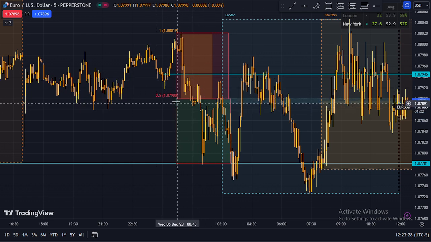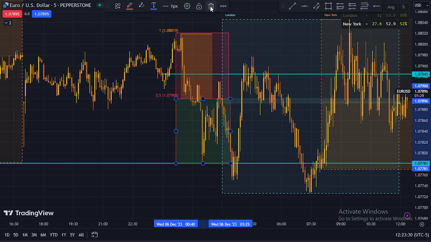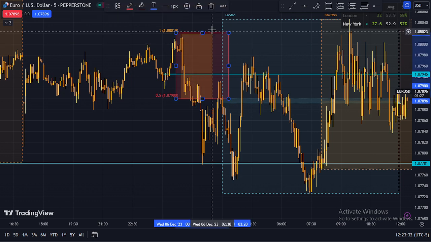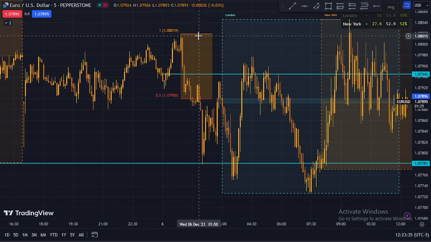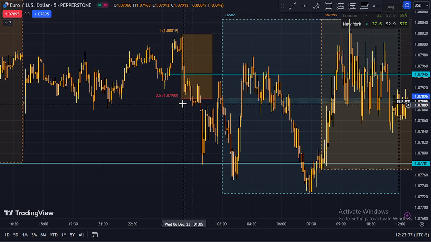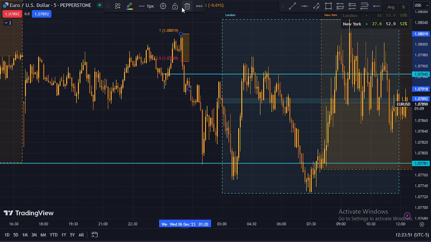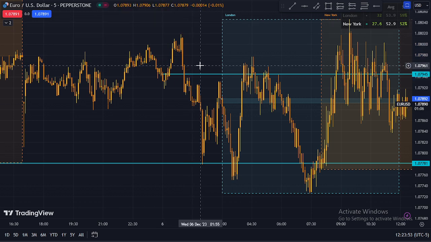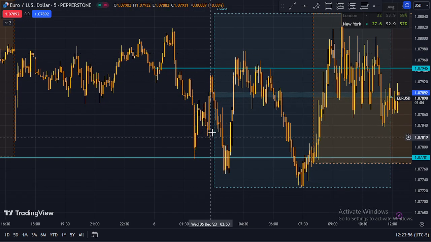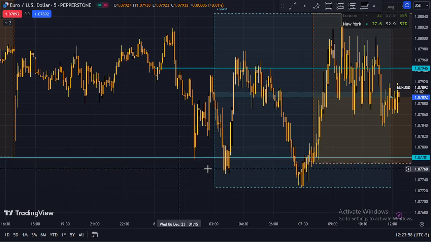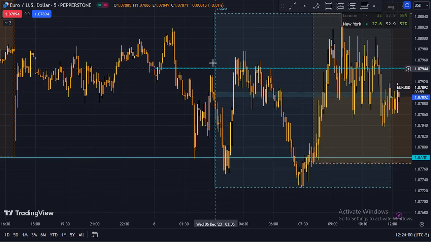Now let me get rid of this. Let's talk about protractions. Anchor it to, okay, let's not talk about protractions today, because we use protractions for targeting, but today we had these relative equal lows, which were the target for the silver bullet.